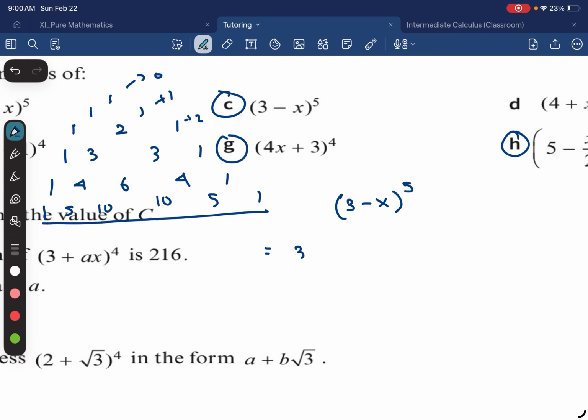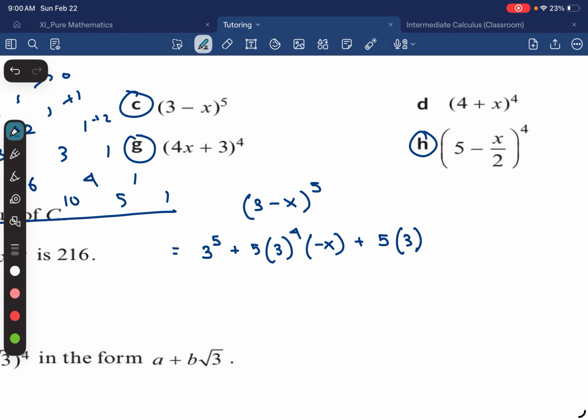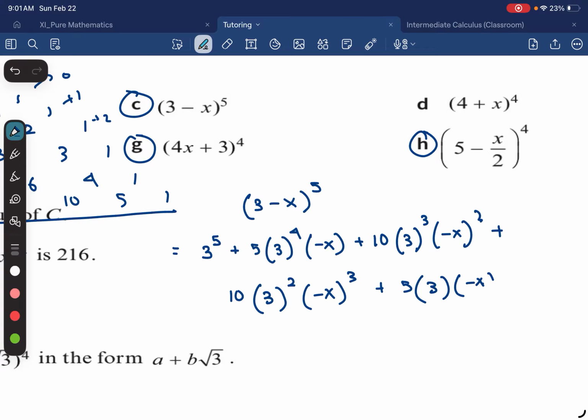So you start from 3 to the power 5 plus 5 times 3 to the power 4 times minus x plus 10 times 3 to the power 3 times minus x squared, so this is going to be 1, 5, 10, plus 10 times 3 squared times minus x cubed plus 5 times 3 to the power 1 times minus x to the 4. Finally, you have minus x to the power 5.